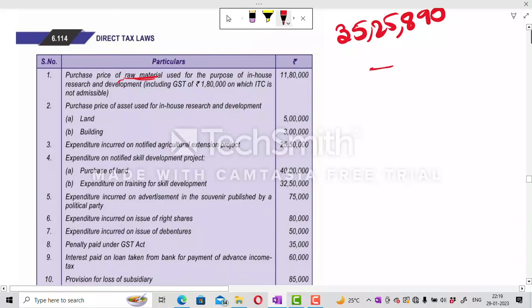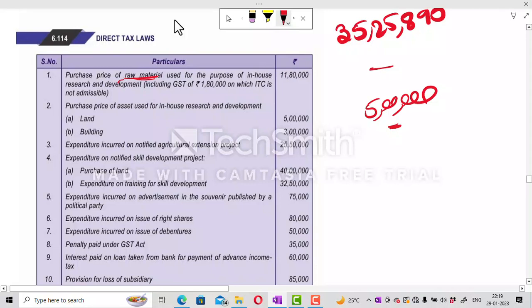Purchase price of asset used for in-house research and development: for land it is not available, but for building it is available. So for land we have to add back. Do not add for building.